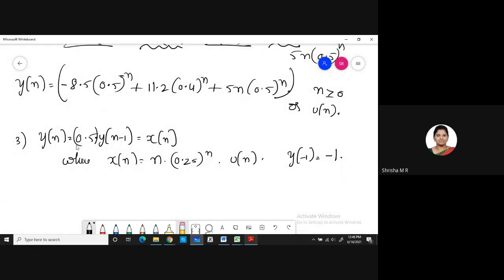The first order LTI system is given by this equation: y of n is equal to 0.5 into y of n minus 1. So what will you get as the difference equation? Y of n minus 0.5 y of n minus 1 is equal to x of n.